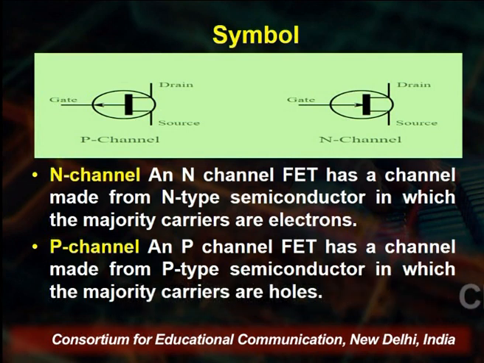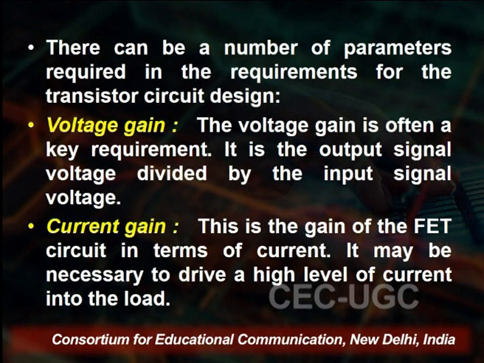Symbolically we represent the P channel and N channel FET with a gate, source and drain. If the arrow points towards the gate, then it is P type, and if it is opposite to the gate, then it is N type.